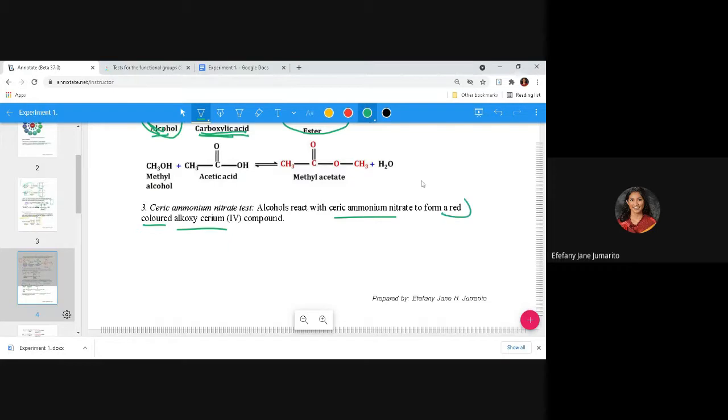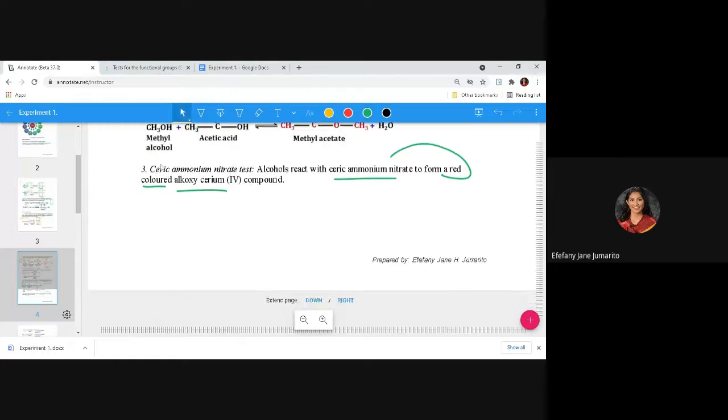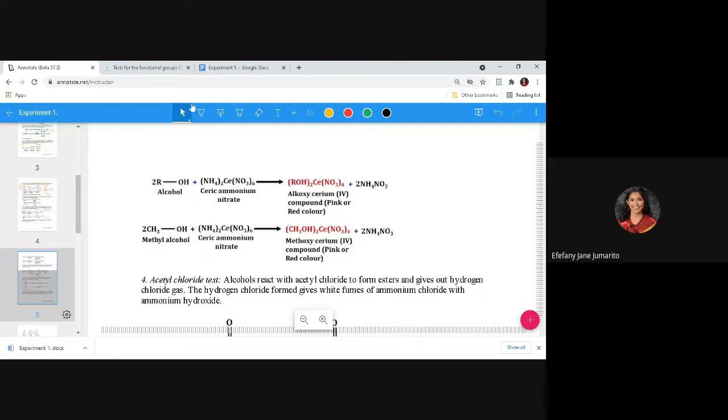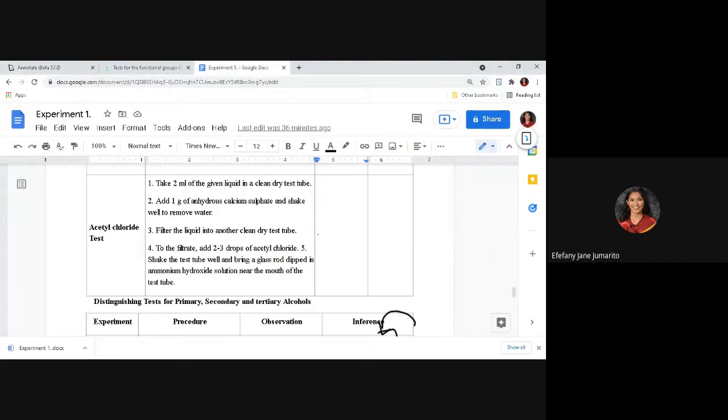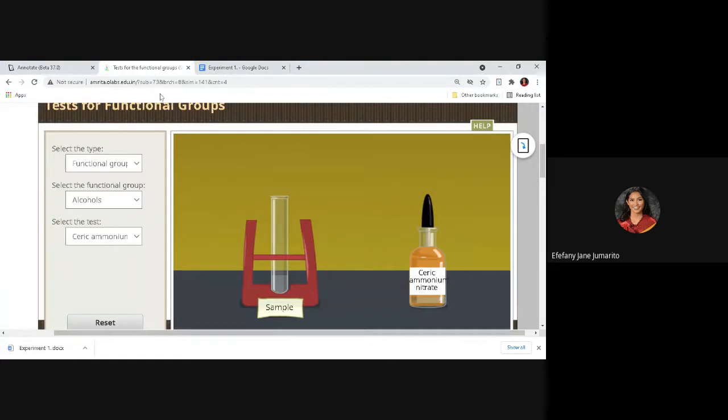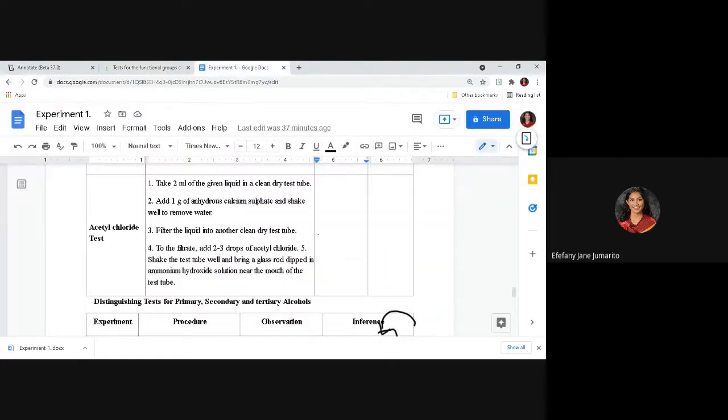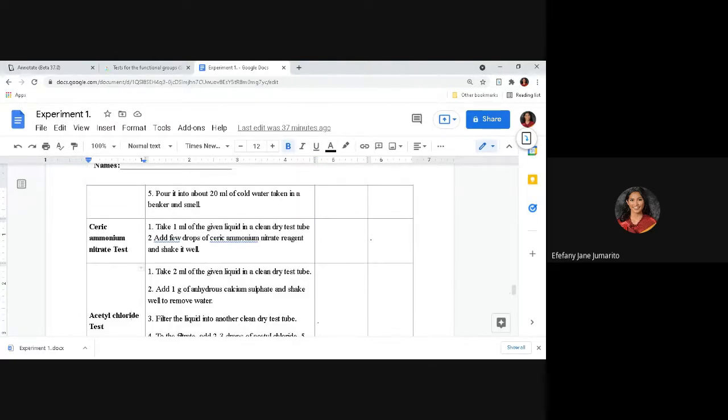So when you form a red color, okay, that one. Now we have this one. Take 2 ml of the given compound, add 1 gram of anhydrous calcium sulfate, filter the liquid.